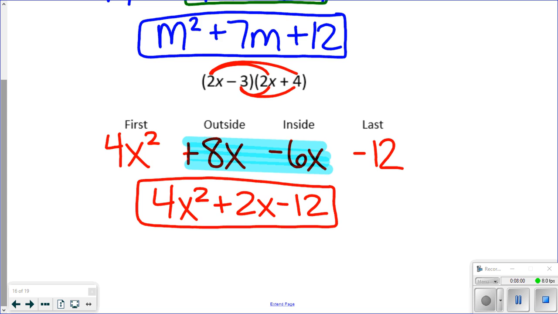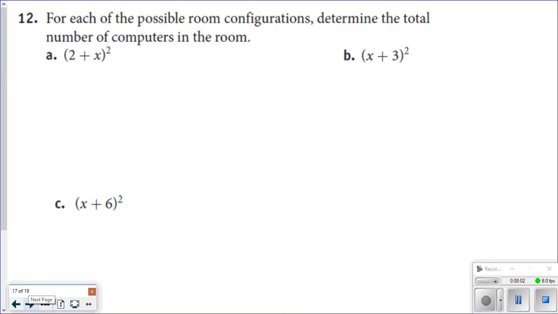So go ahead and open your book to page 372. We skipped question 12, so now we're going to come back to it. For 12, A, B, and C, I want you to choose whatever method you prefer, either the box method or FOIL/distribute, and I want you to come up with your answer for all 3 of these questions.